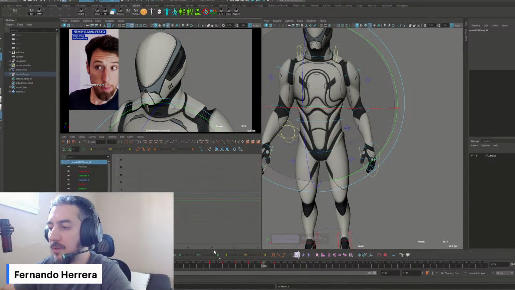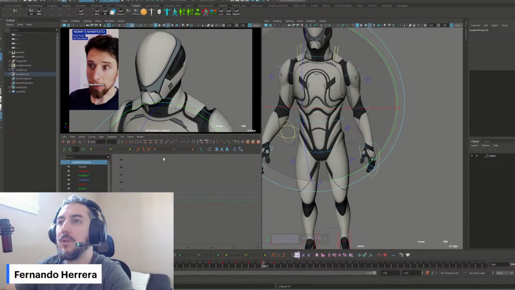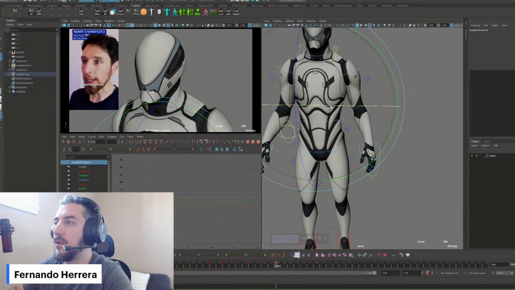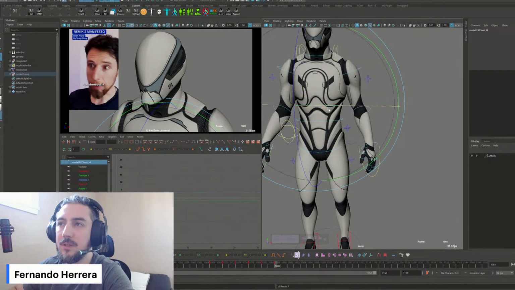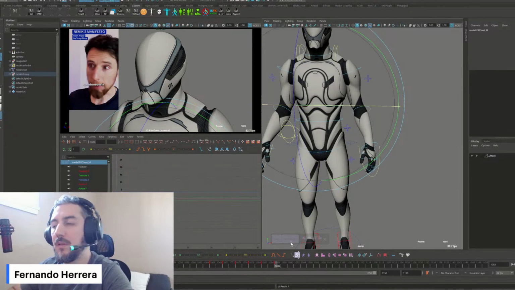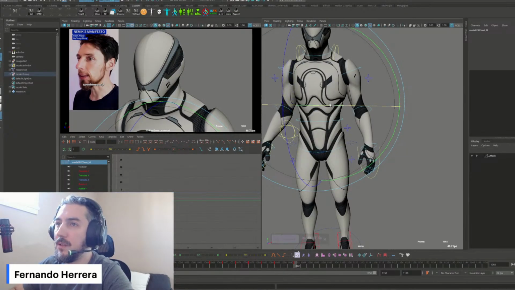Observation is very important here because I'm trying to really go close to what the reference is doing. I should be doing more or less, and I'm going to be making mistakes too. But the better you get at doing this, the faster it's going to be, you're going to make fewer mistakes, and you're going to need less refining later.